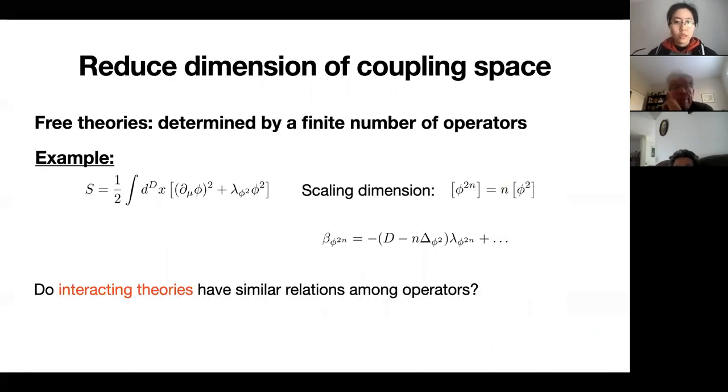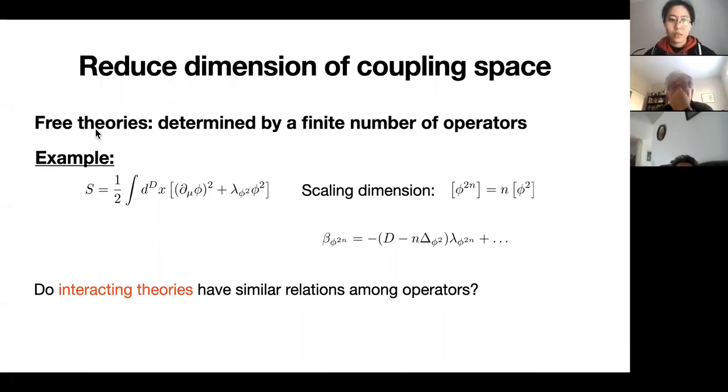So one example of this dimension reduction of the coupling space happens in the free theories. As we know, the free theories are determined by a finite number of operators because all the composite operators can be determined by the fundamental operators. Let me give you an example. Suppose we have this phi-4 theory. If we treat phi square as a fundamental operator, then its composite operators, phi to the 2n, are completely determined.